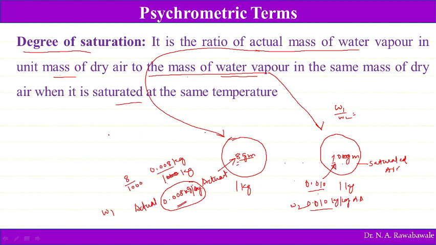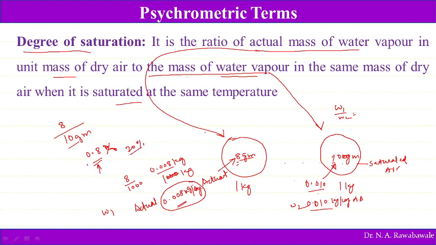In other words, what it signifies is that when this air is saturated it can hold, say, 10 grams, but out of that 10 grams it is holding only 8 grams. That is 0.8, or it is only 80% saturated, and still it can hold 20% more water.